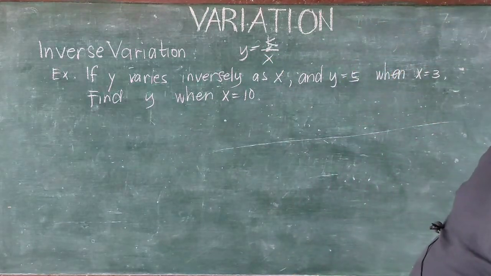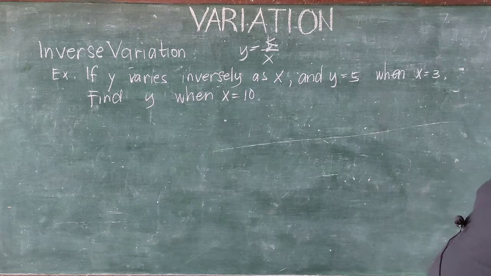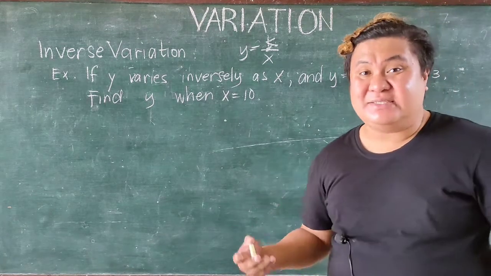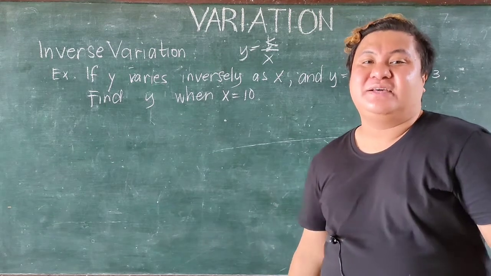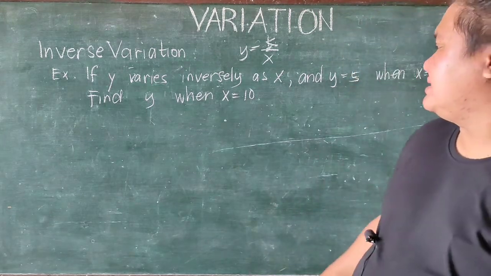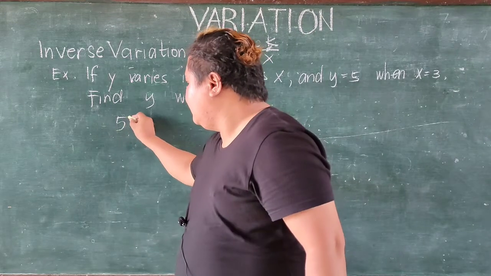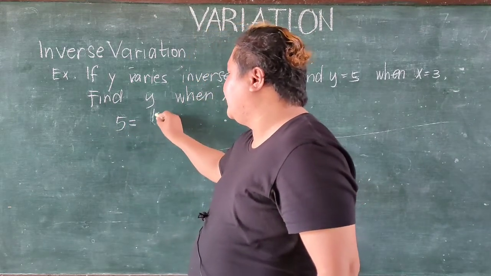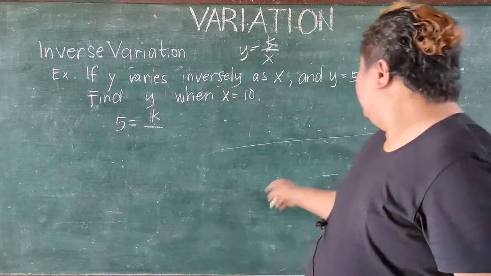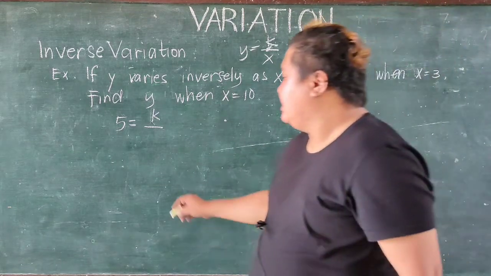Y is equal to 5 when x is equal to 3, so we are going to find the value of k. The value of y is 5 is equal to k over the value of x, which is 3.